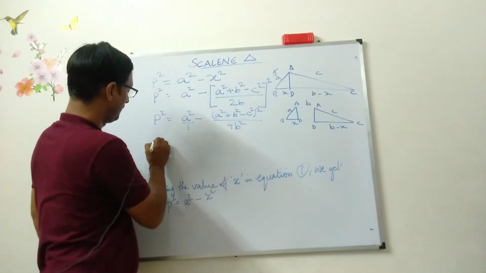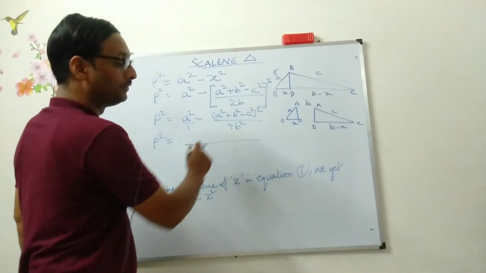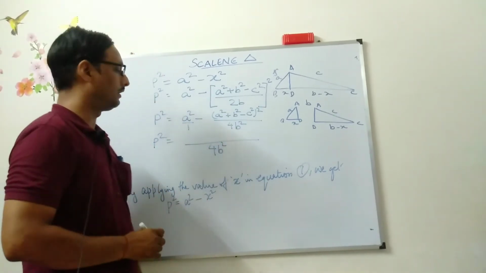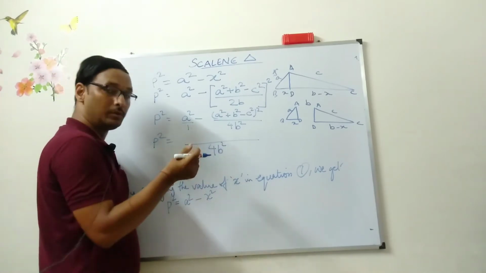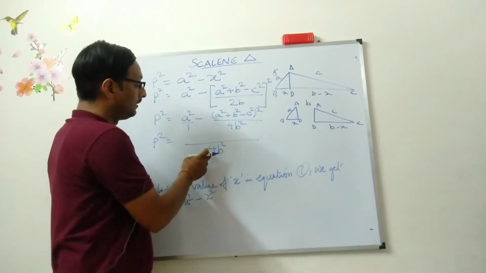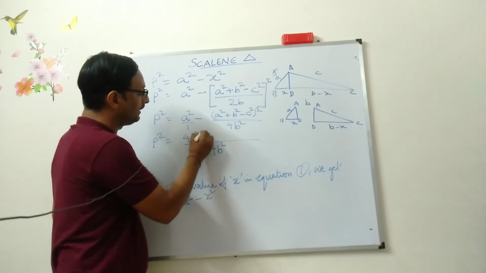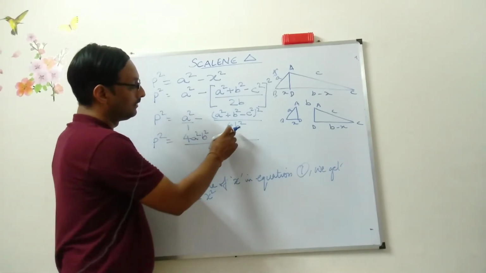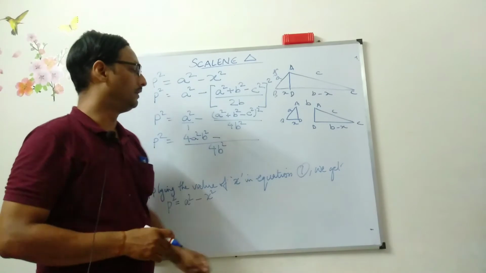Now find out the LCM of this. 1 and 4b square is 4b square. Divide this 4b square by 1, then you will get 4b square. 4b square and a square, if you multiply, you will get 4a square b square minus, this minus will be there. Divide 4b square by 4b square, you will get 1.